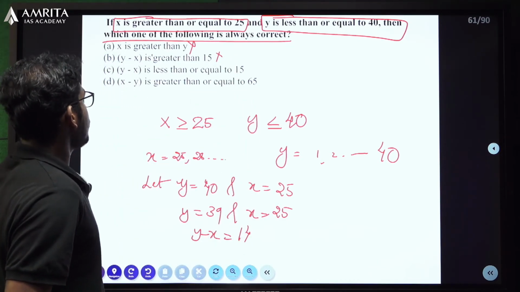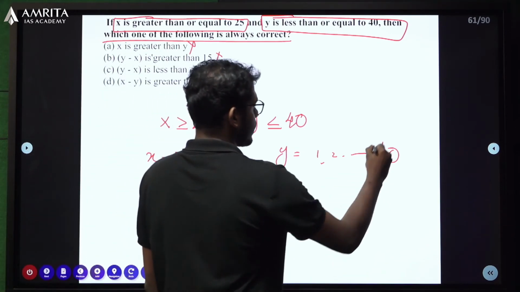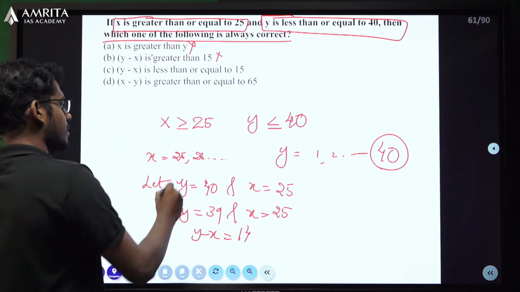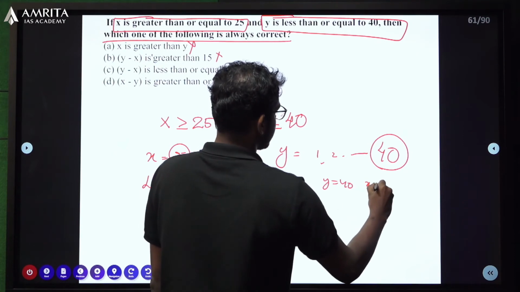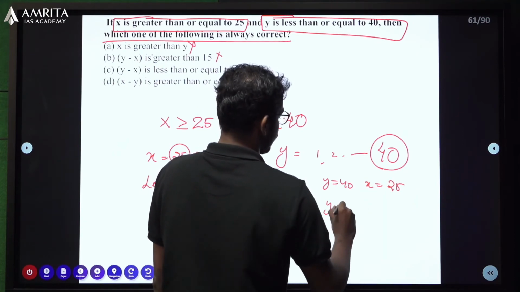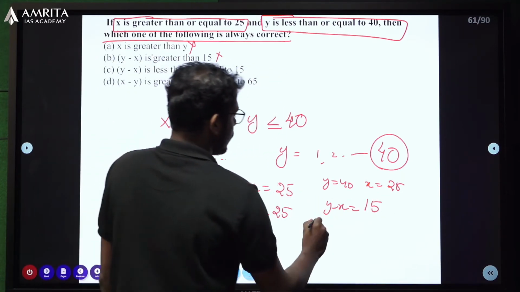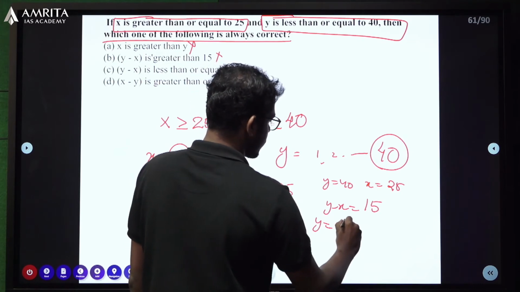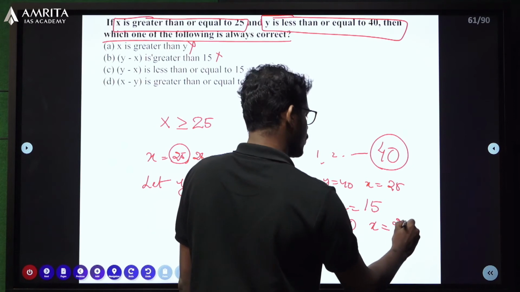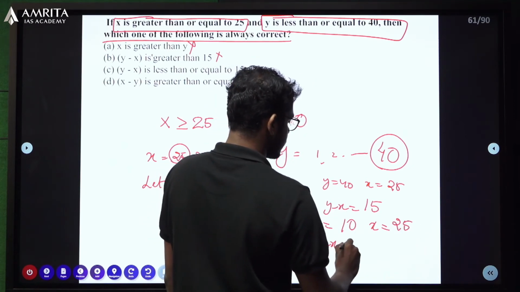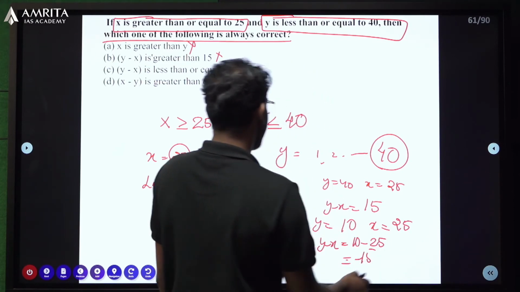Next one, y minus x is less than or equal to 50. Let's check. The maximum value of y is 40. The minimum value of x is 25. So y is equal to 40, x is equal to 25, then y minus x is equal to 40 minus 25, that is 15. If y is equal to 10 and x is equal to 25, then y minus x is equal to 10 minus 25, that is minus 15.